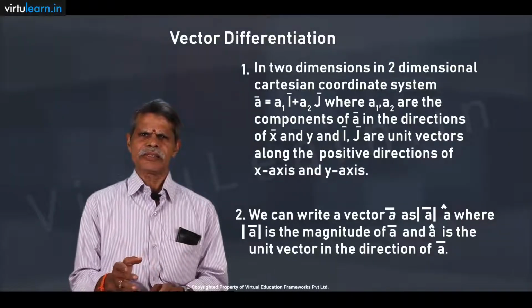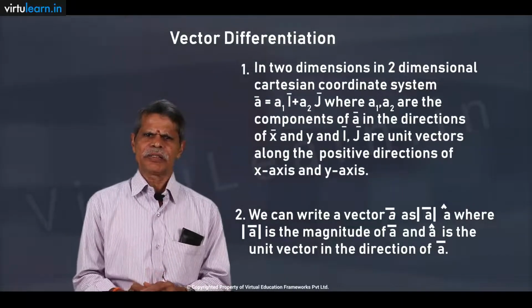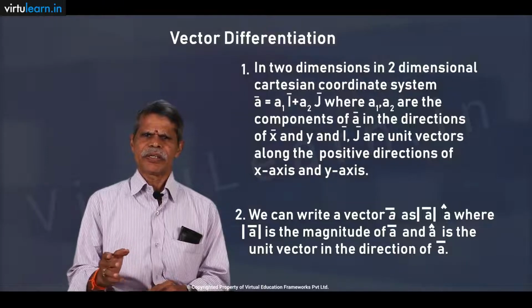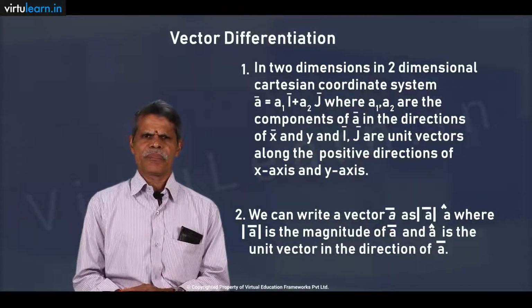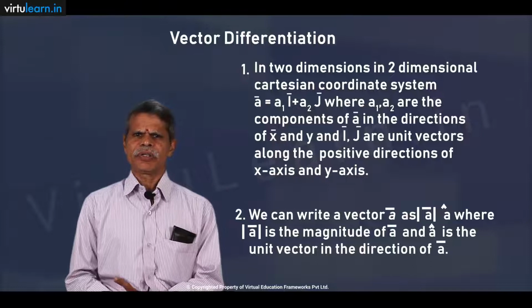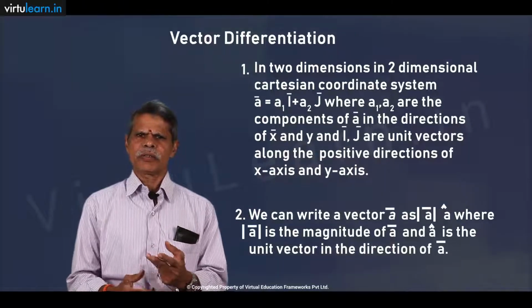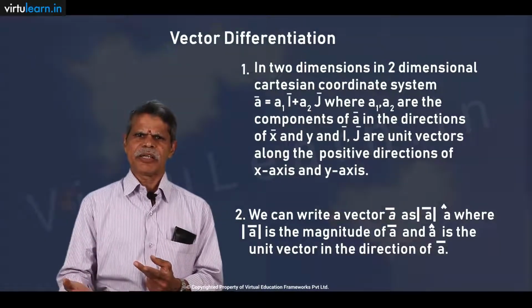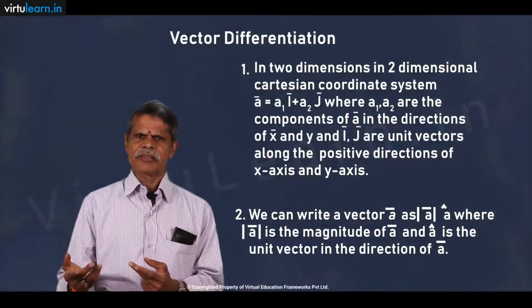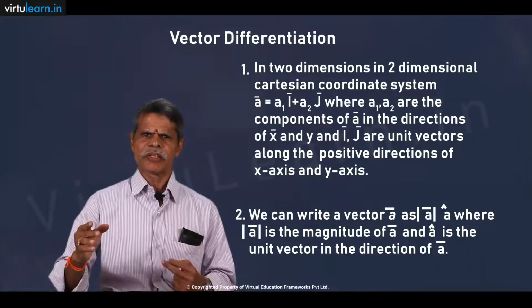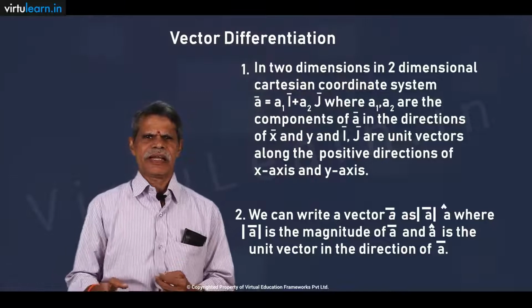In 2 dimensions, a vector A bar is represented as A1 I bar plus A2 J bar. In this notation, A1, A2 are known as the components, and I bar, J bar are the unit vectors along the positive directions of the x-axis and y-axis.